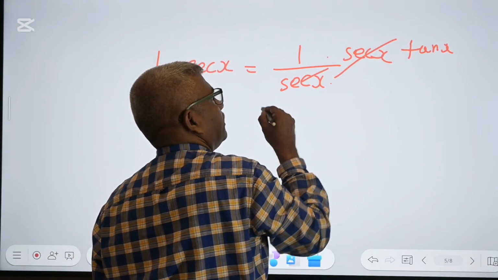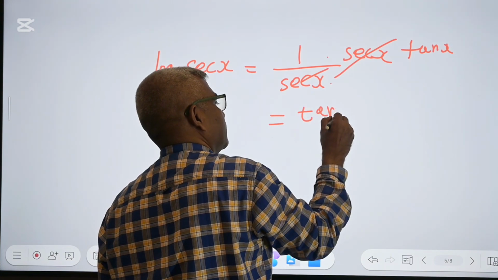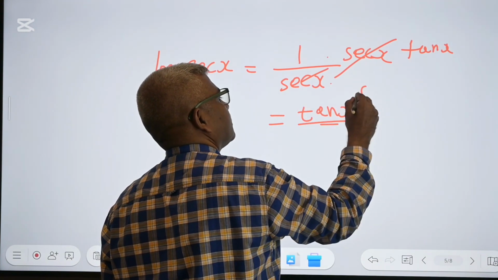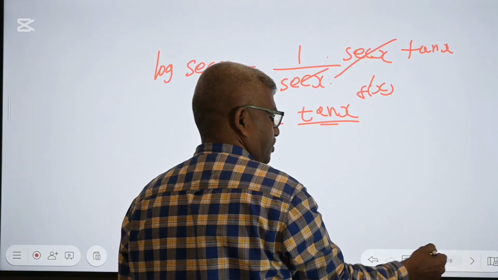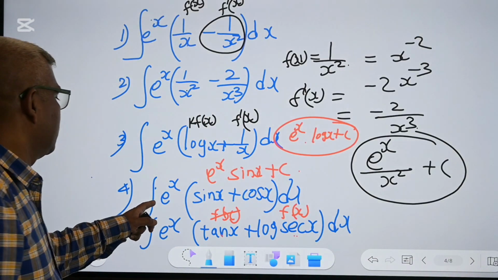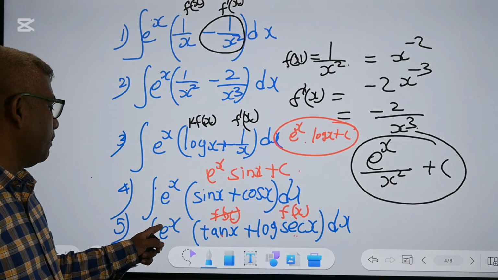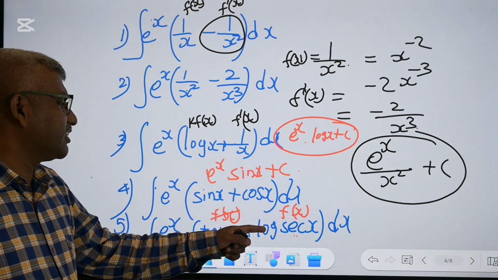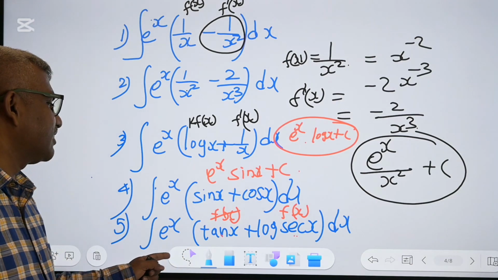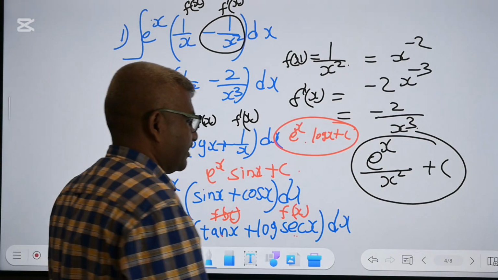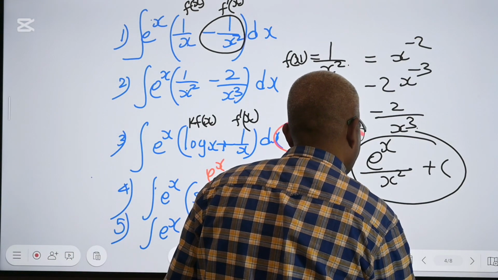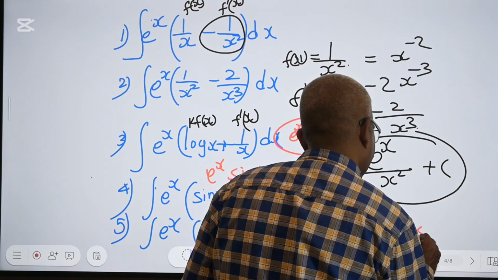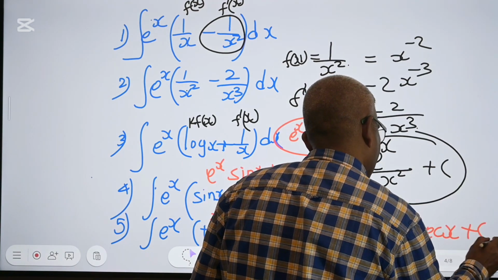So what will happen? Tan x. So this is f dash x. So sum number 5, e power x log secant x plus tan x. So log secant x is f of x, tan x is f dash x. The answer is e power x log secant x plus c.